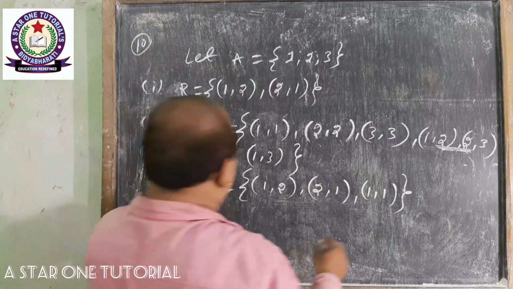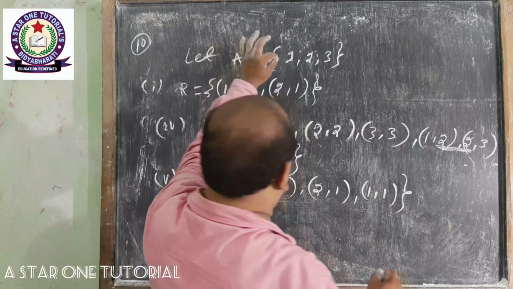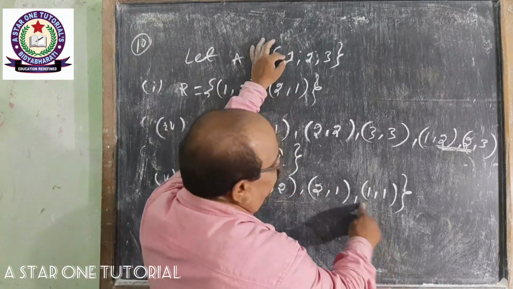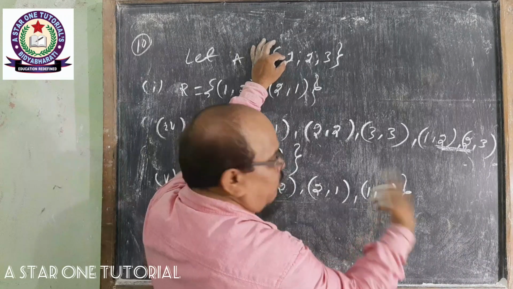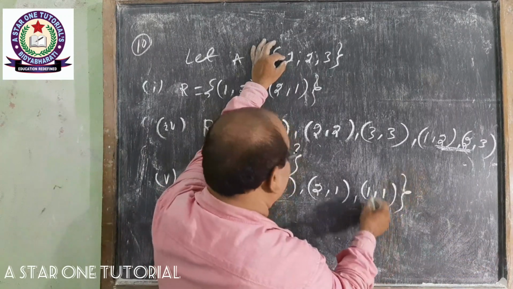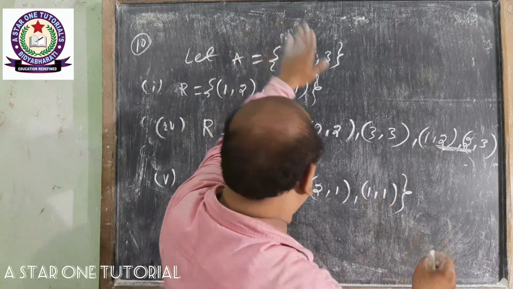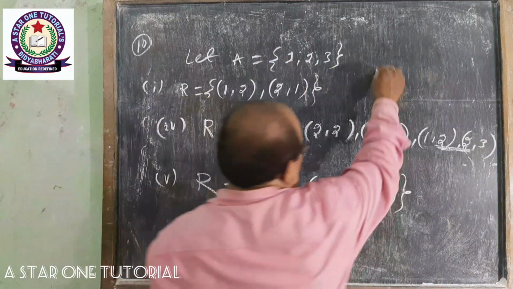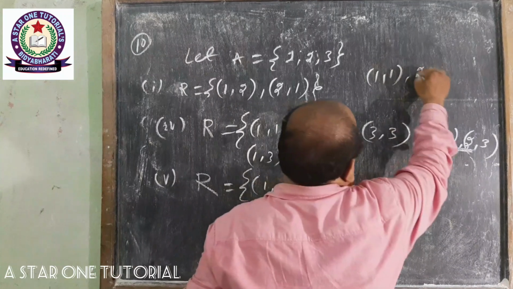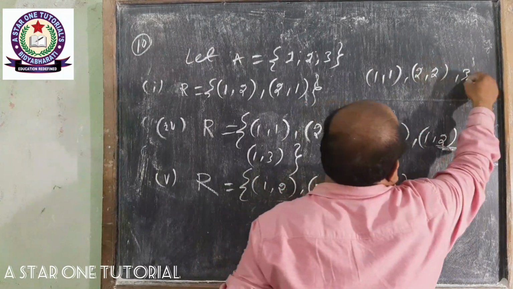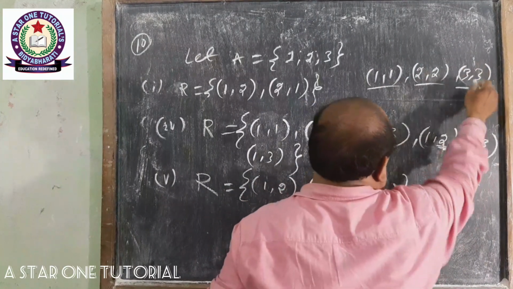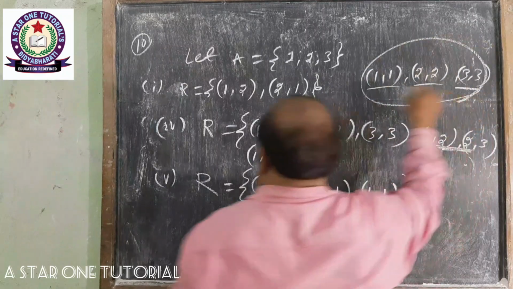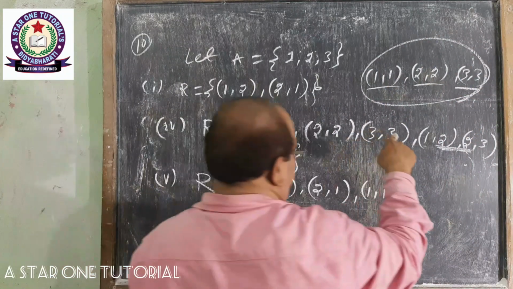Why? Because for reflexivity we should have 1 1. You can say that 1 1 is here, but 1 1 is not sufficient. For reflexivity, we should have 1 1 pair, 2 2 pair, 3 3 pair. All these 3 pairs must be there in the relation R for reflexivity.